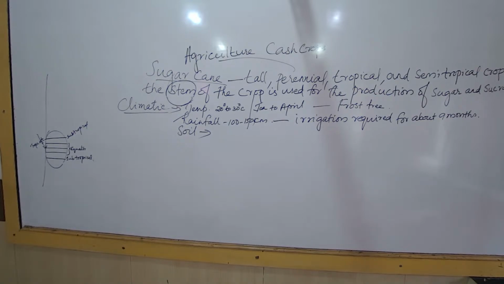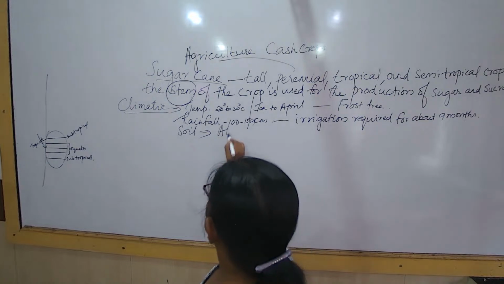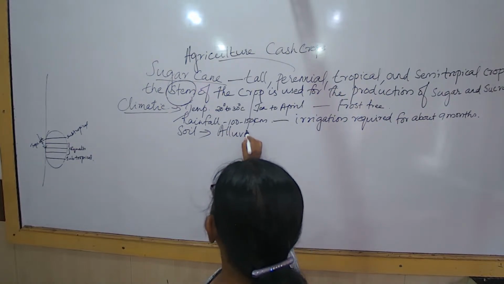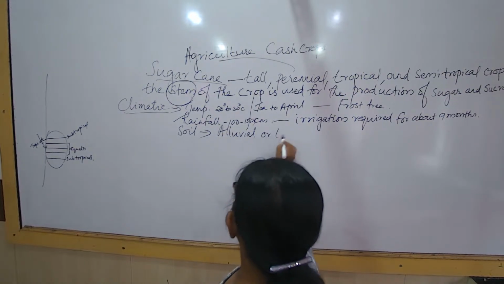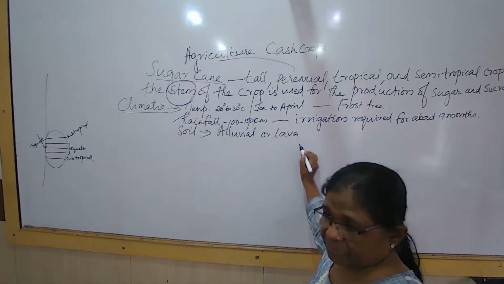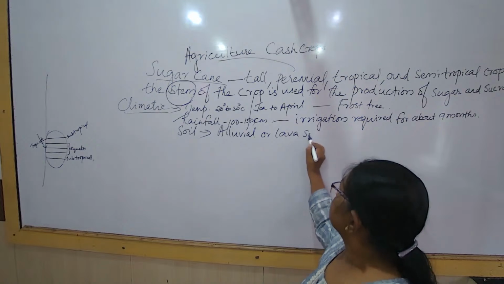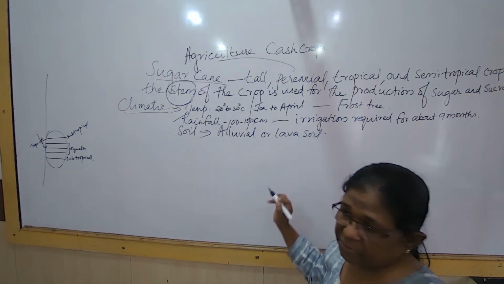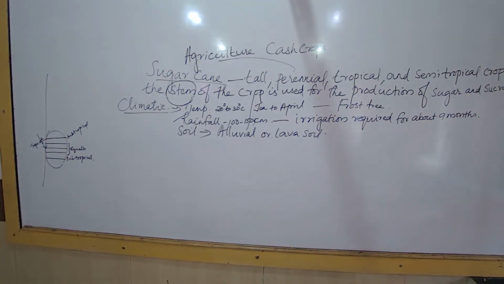So what is the better? It can be alluvial soil or lava soil. Lava soil, yeah, another name for black soil. Black soil is the lava soil. Understood? From lava only it is formed.